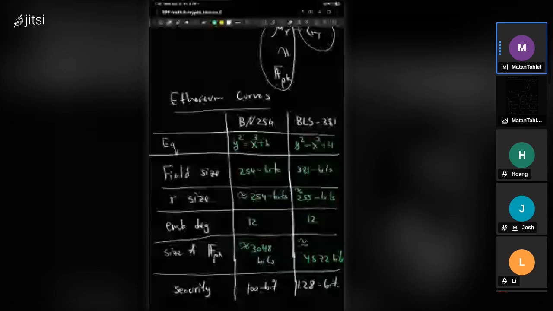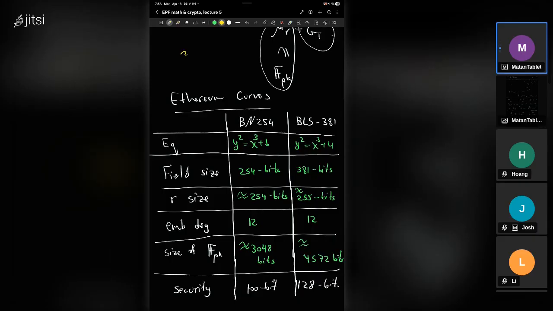So the question is, what is the fundamental property of elliptic curves that allows us to achieve the same level of bits of security with a smaller prime? The fundamental property is that in order to do a discrete log attack, which is kind of brute force, you need to, what is the discrete log?